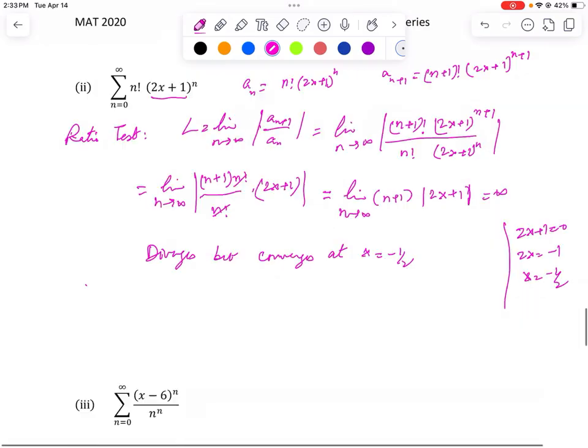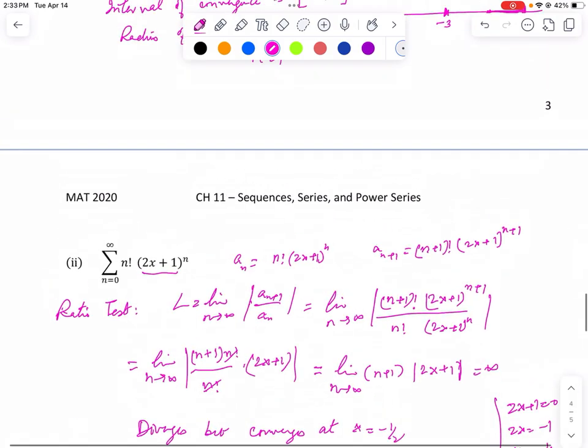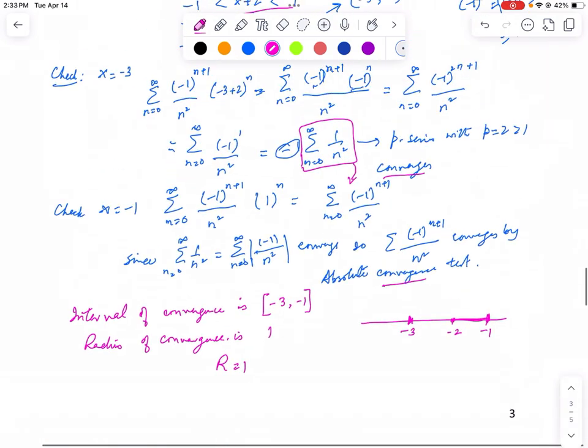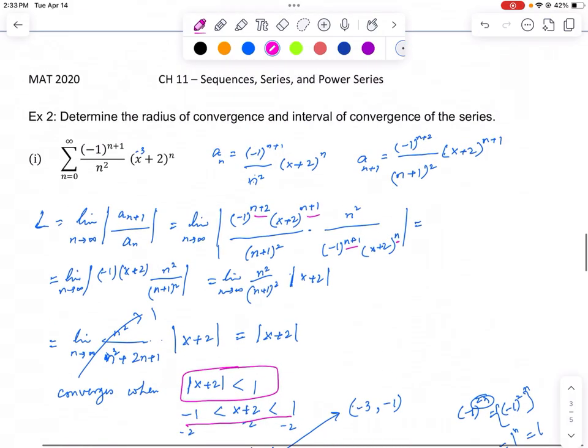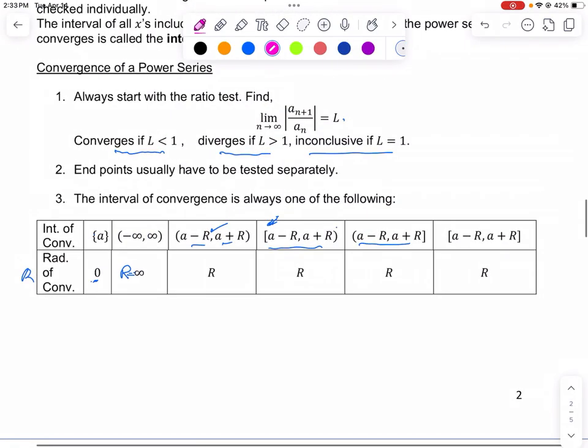What is this case? This is the case, if you recall from before, where it is converging at only one point, so the radius will be 0.